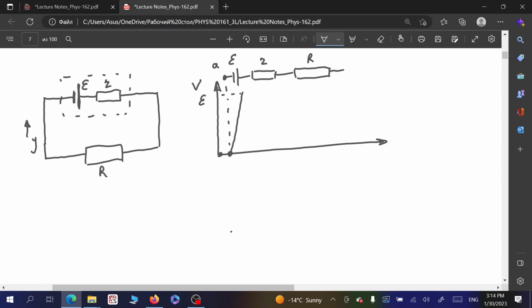So that is the ideal part of the battery. But then there is the non-ideal part of the battery, and that is the internal resistance.